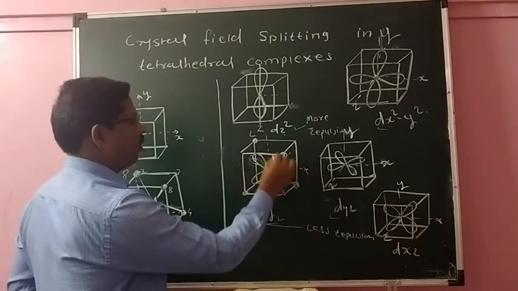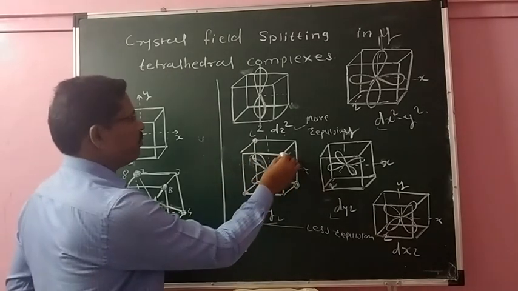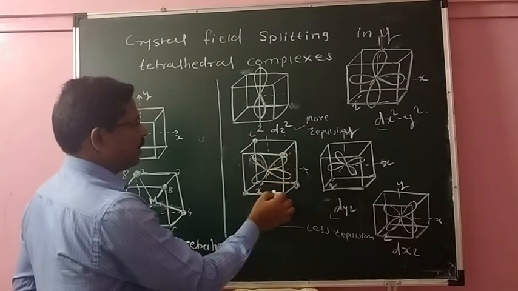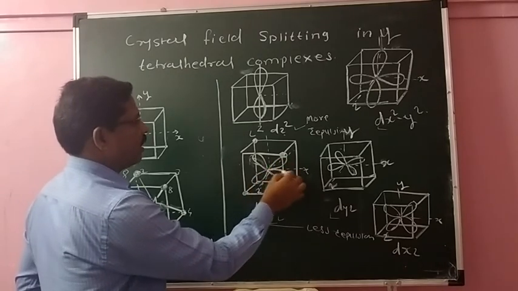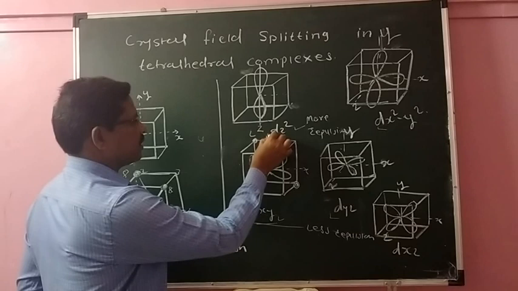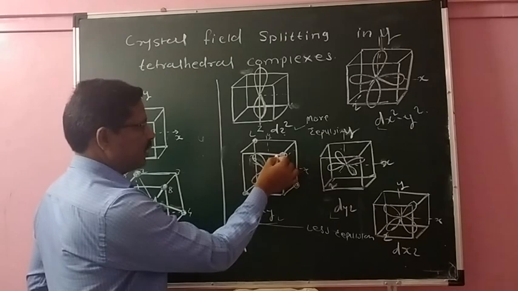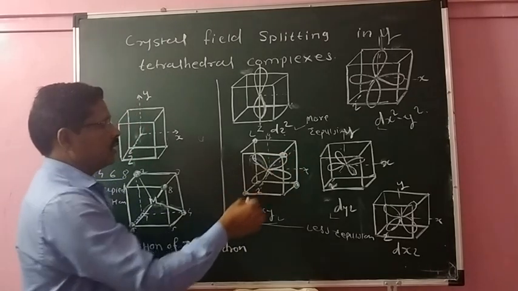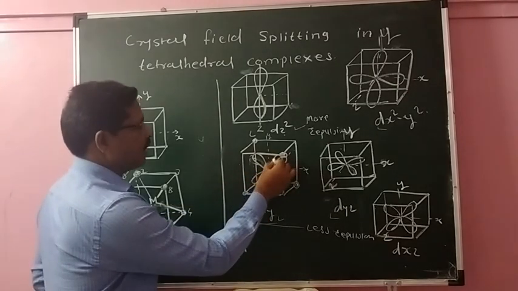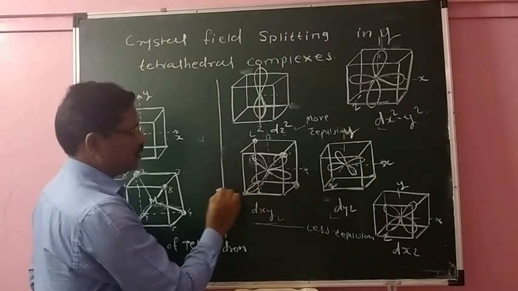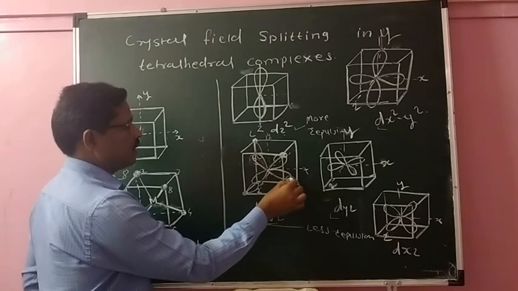The 4 ligands occupy alternate corners of the cube, and therefore the lobes of the dxy orbital, which lie between the x and y axes, are just near to the lobes of the ligand orbitals.